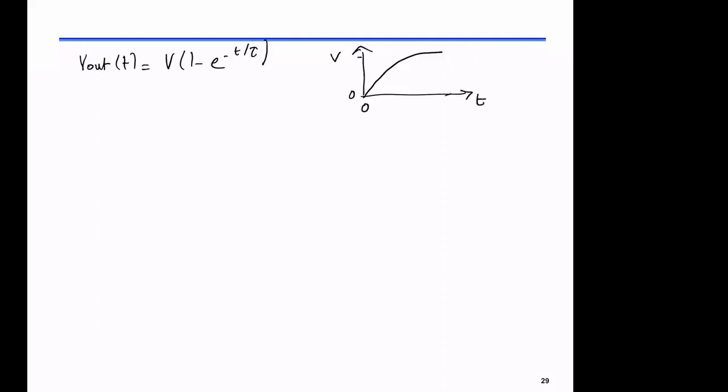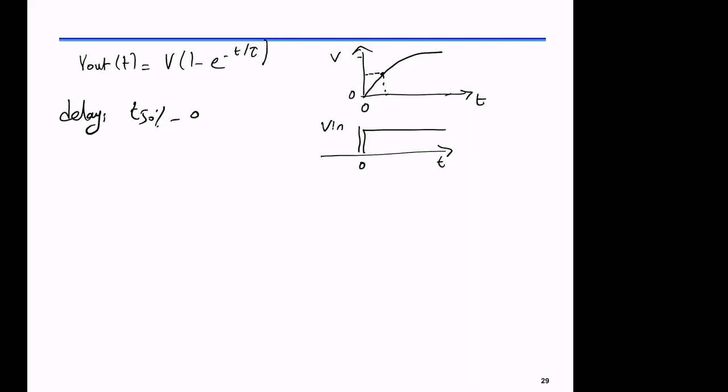If my input switched at 0, then the 50% delay will be t 50% minus 0.